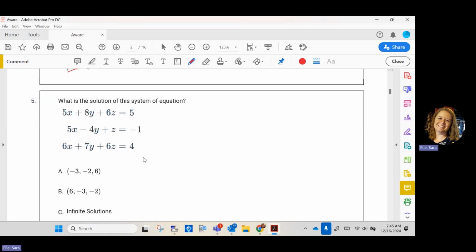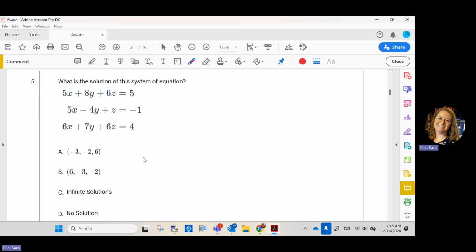Now remember, to solve systems, so this one's looking for a solution. I showed y'all how to do this in Desmos. Yes, we can do this by hand, but that is a lot of algebra to do by hand, and you've got a lot of questions on this test, so I would definitely recommend that you use Desmos. So I'm going to refresh your memory on how we do systems in Desmos.